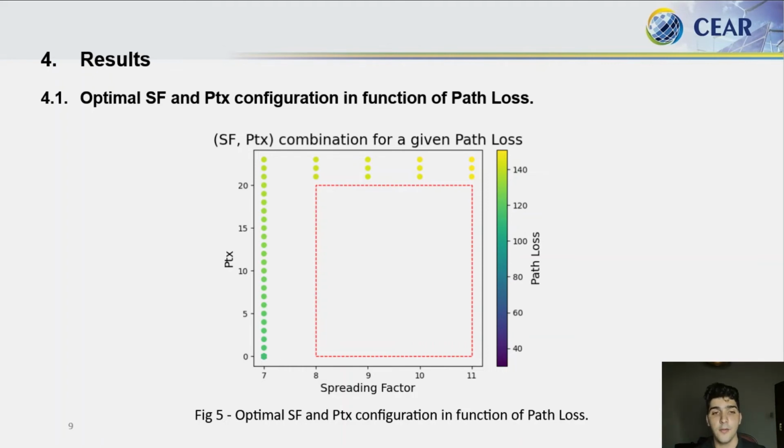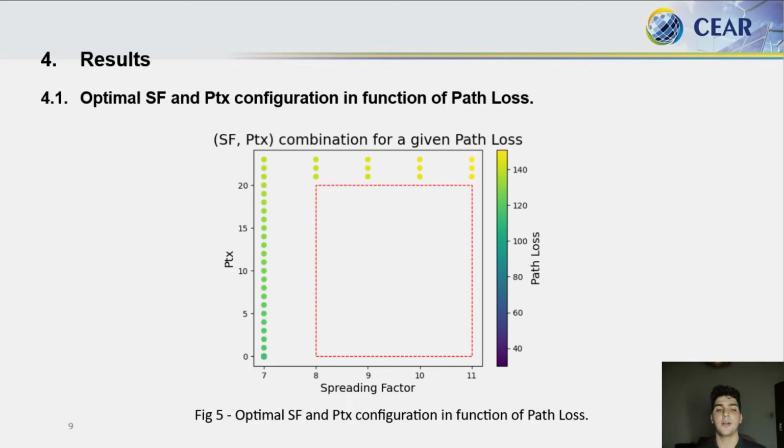Then the bandwidth optimal values are not split in the graph. Each point expresses a PL value, and the other pair of its localization expresses its optimal configuration of spreading factor and transmission power, respectively. Also, for path losses inferior to 115 dBm, the optimal SF and PTX remain the same, that is 7 and 0 respectively.